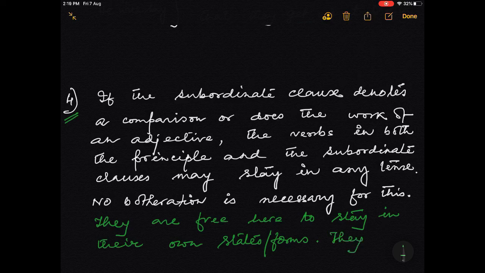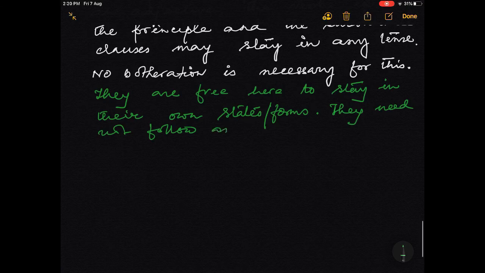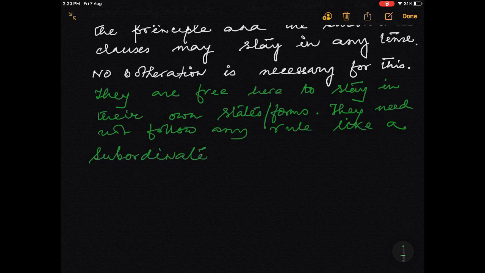They need not follow any rule like a subordinate person.